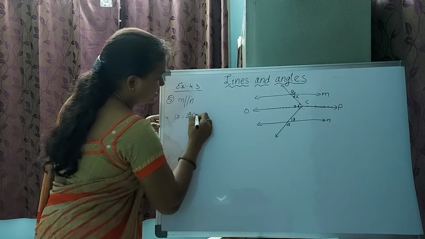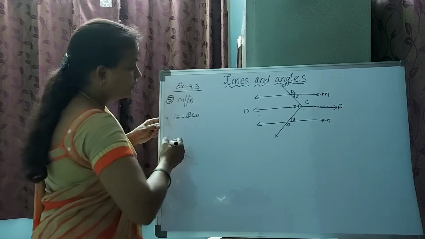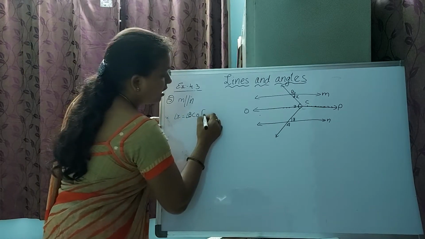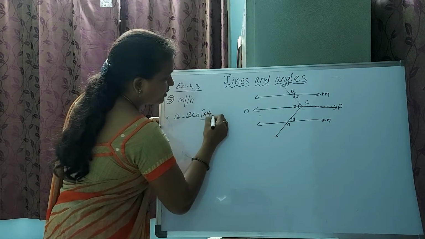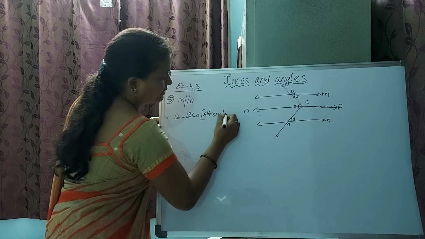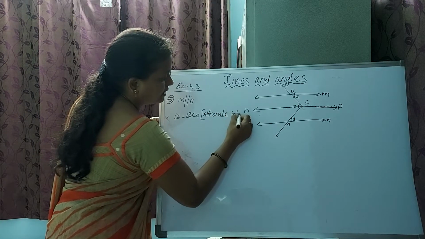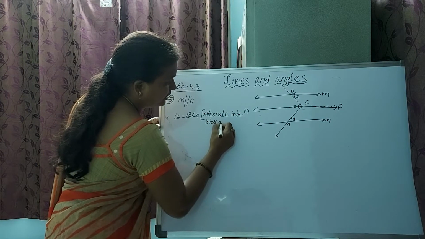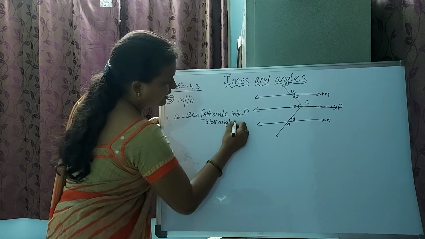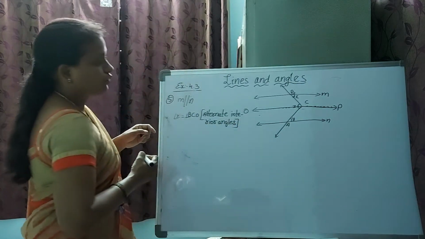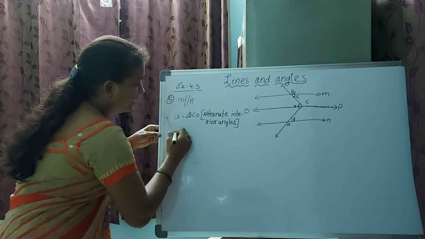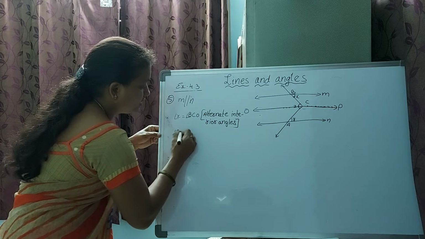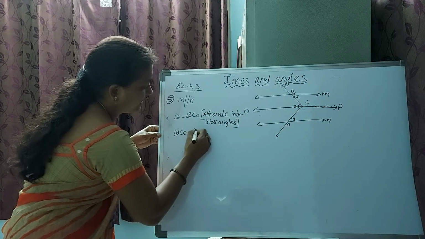Why? Because alternate interior angles are equal. So angle BCO is equal to angle X.